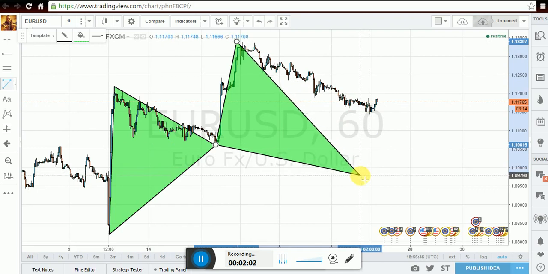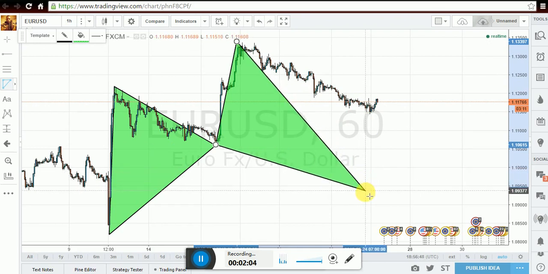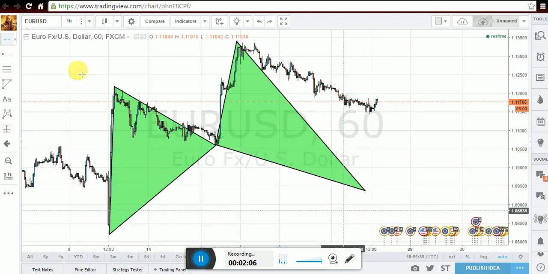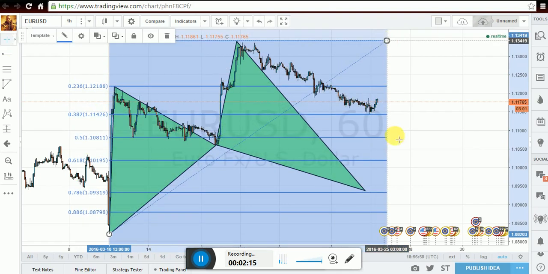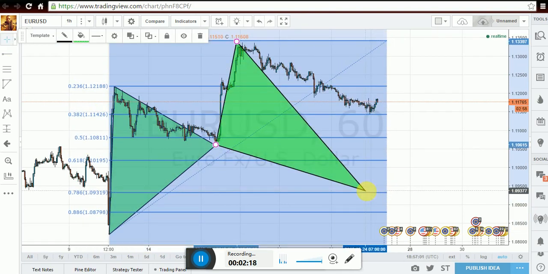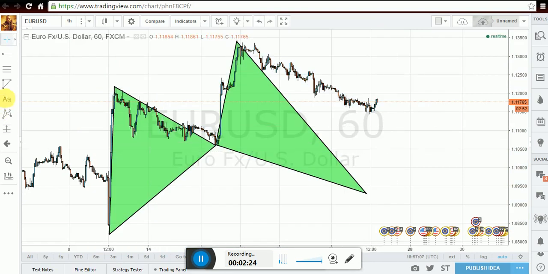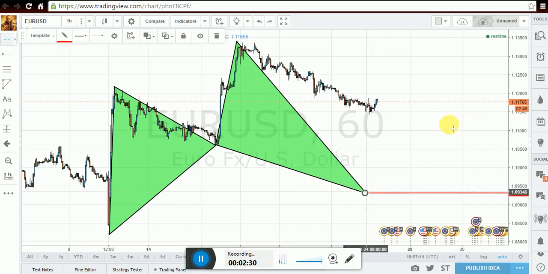So we expect the cipher pattern to complete somewhere down there. Actually, I need to bring in my Fibonacci and check. We're looking at the cipher pattern to complete at the 786 retracement of the X to C leg. So you can see right there, coming in just a little bit higher, we have a potential cipher pattern that is going to complete right around 109.31. Just make that blue.